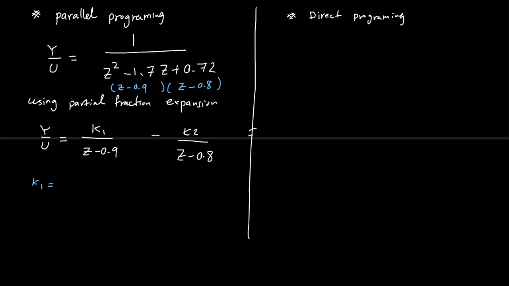Where k1 will equal, now I will multiply this by the root so it will cancel, so it will be 1 over z minus 0.8 evaluated at z equals 0.9, and this will equal 10.